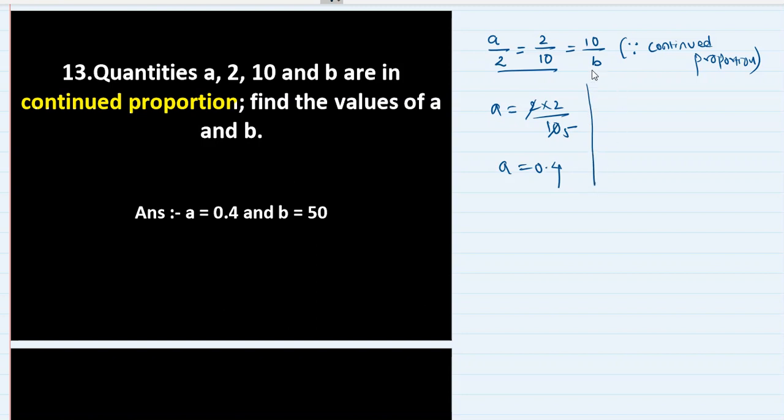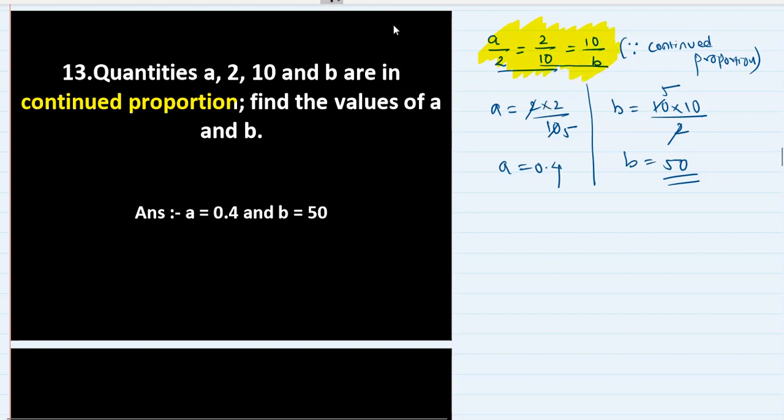And comparing the last two, we get b is equal to 10 multiplied by 10 divided by 2. So b is equal to 50. Simple. So for continued proportion of four quantities, you need to write the ratio properly and then solve it easily.